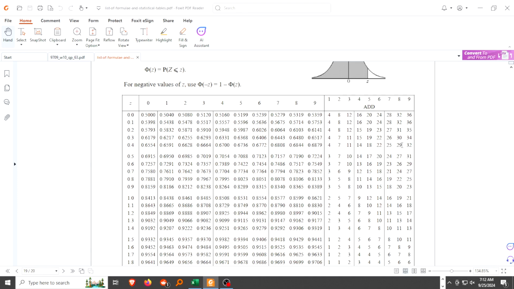That gives me 0.6729. 0.6729 is our value of interest, the probability that corresponds to a z value which is greater than 0.4484.